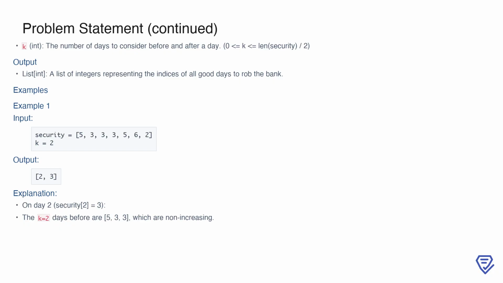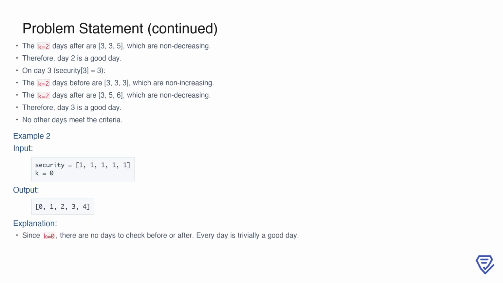This means the security measures either stayed the same or decreased over these days. Now, we also need to check the k equals 2 days after day 2. The k equals 2 days after day 2 are 3, 3, 5, which form a non-decreasing sequence. Since both conditions are satisfied, day 2 qualifies as a good day.